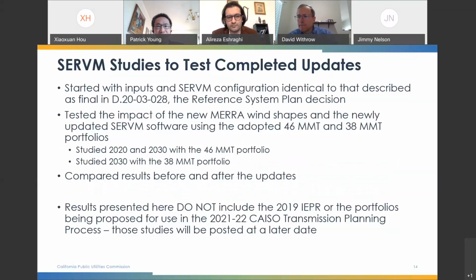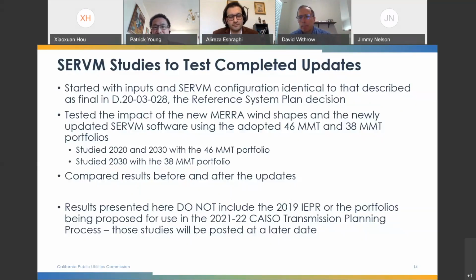So with respect to the completed SERVM updates, we wanted to test those and refresh our comparison of results between SERVM and RESOLVE. So here's what we did. We started with the inputs and SERVM configuration identical to what was described as final in the IRP reference system plan decision. Then we tested the impact of the two major updates that I described we completed, the wind shapes and the updated SERVM software.